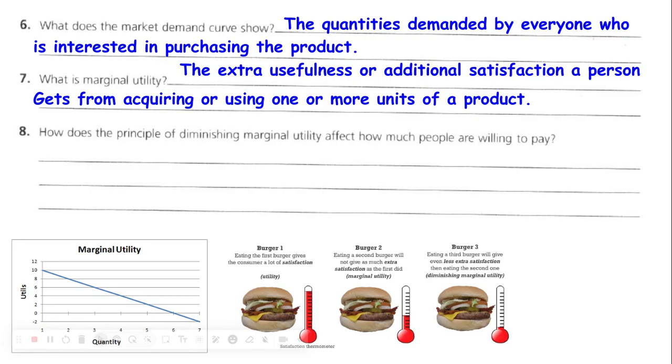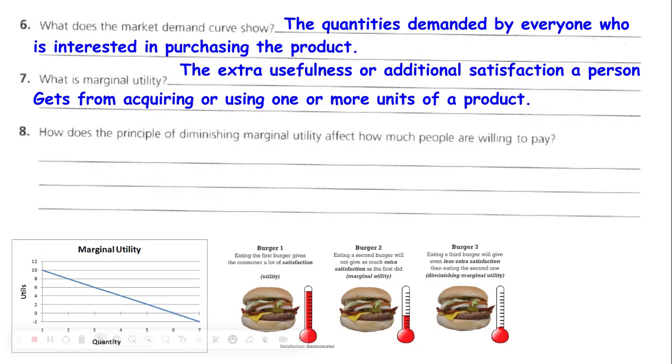So the graphic that you see down below with the burgers, usually the first burger and maybe even the first bite of the burger is very satisfying. But if you eat multiple burgers, maybe two or three, by the time you get to that third burger, that first bite might not be as pleasant as the original burger.